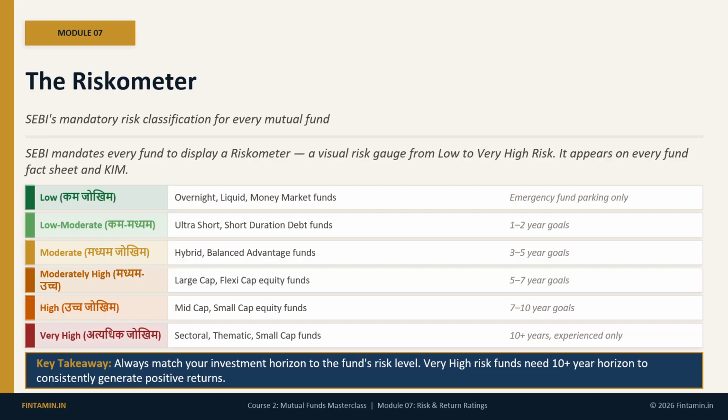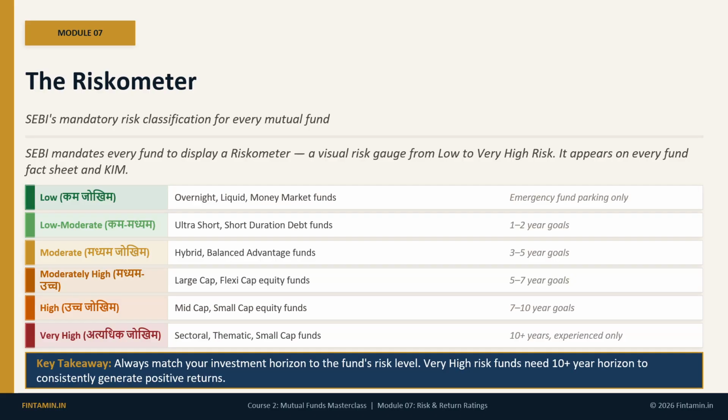Moderate: hybrid and balanced advantage funds for 3 to 5 year goals. Moderately high: large cap and flexi cap equity funds for 5 to 7 year goals. High: mid cap and small cap funds for 7 to 10 year goals. Expect 30 to 40% temporary falls.